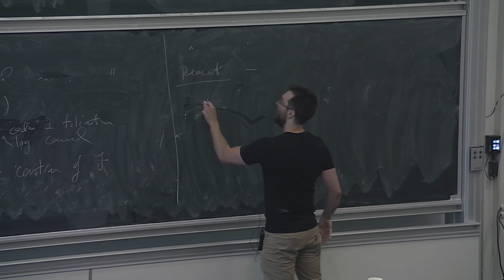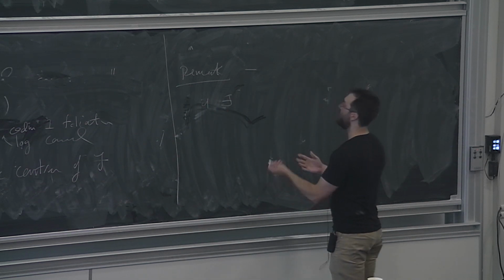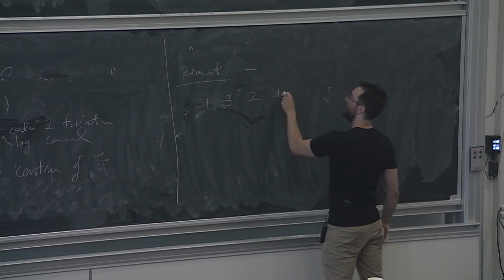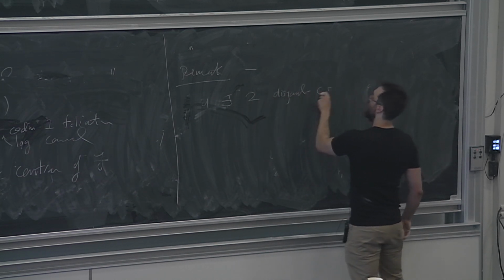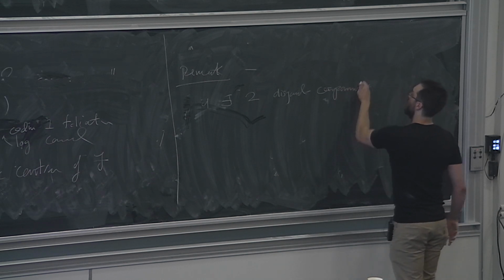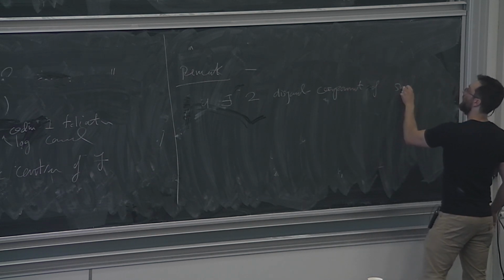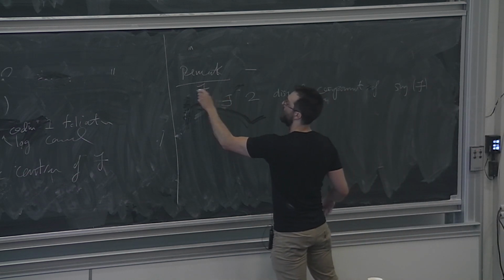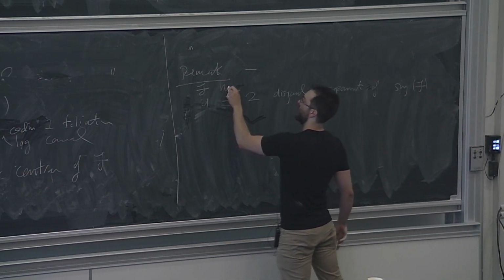If there exist two disjoint components of Sing F, let's just assume for the moment that F has simple singularities.